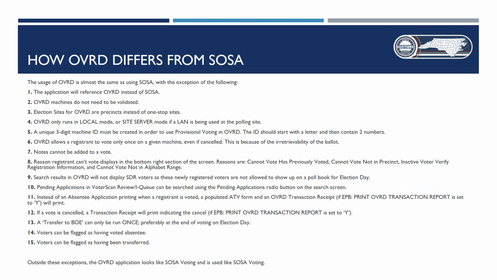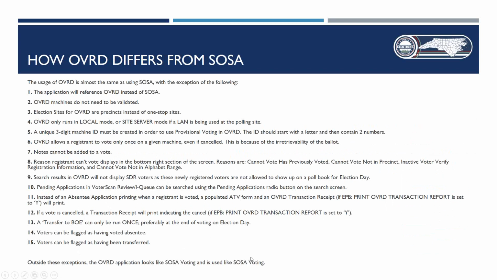So make sure your poll workers don't try to do that transfer to BOE in the middle of the day, because if they do, that machine is now unusable for voting because it'll all be locked out. So just be sure if you allow your poll workers to do those transfers, make sure they don't do it until the polls have closed.